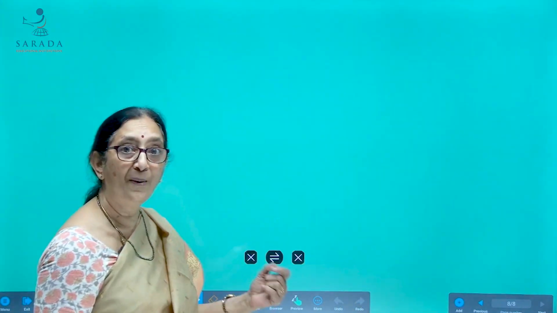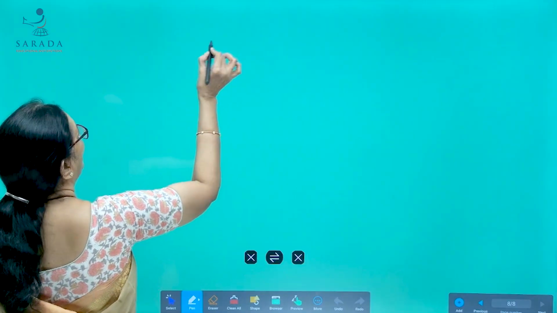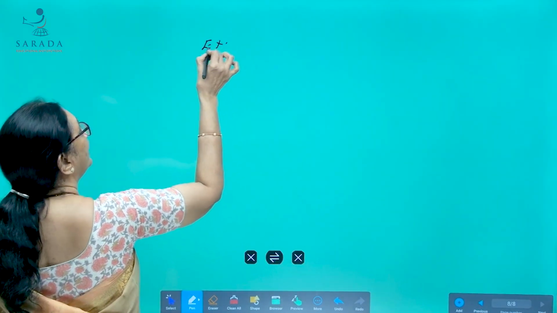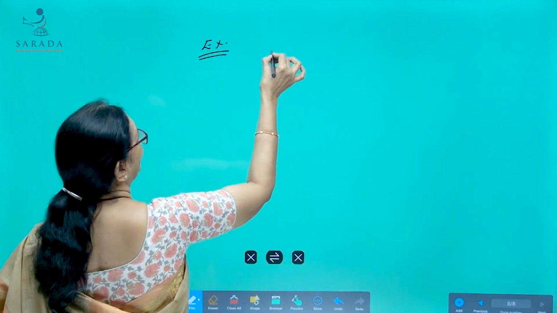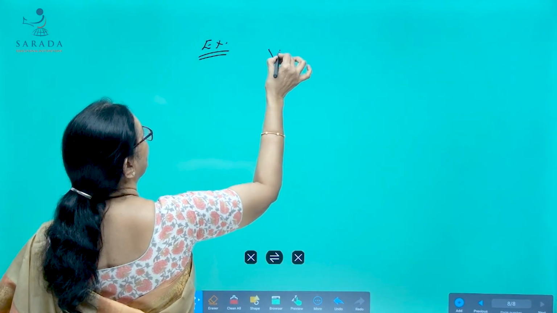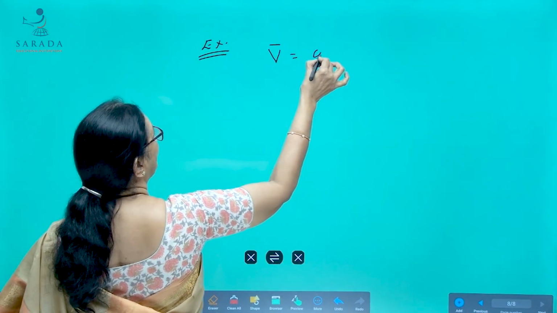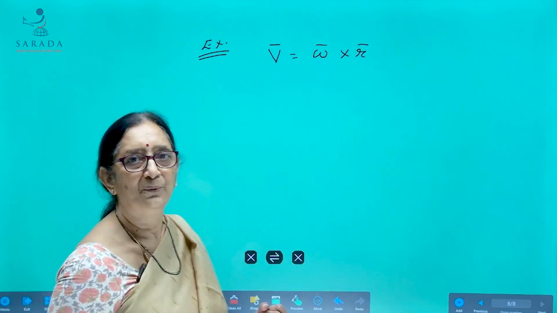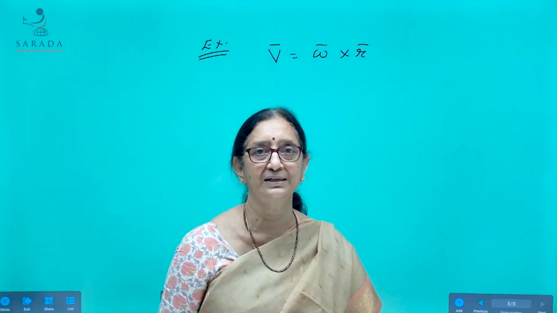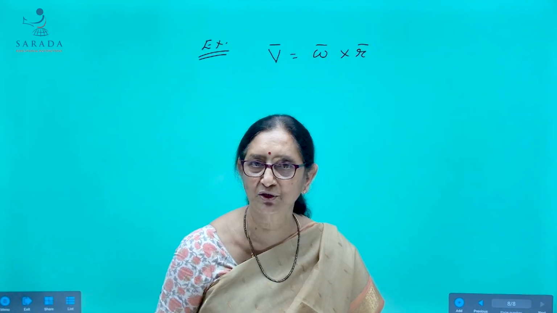And if you go back to the applications, look here, examples where we use the cross product of two vectors. In circular motion, we'll be using this: V bar is equal to omega bar cross r bar. V bar is the linear velocity of a particle in circular motion.